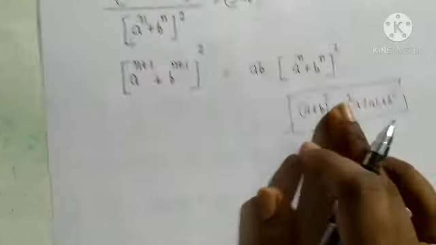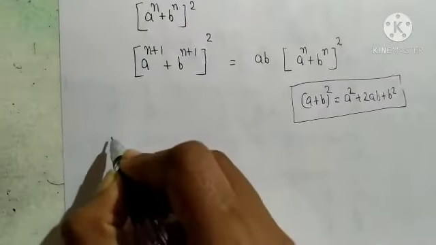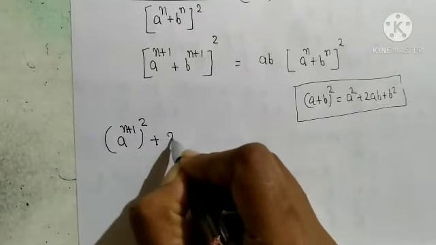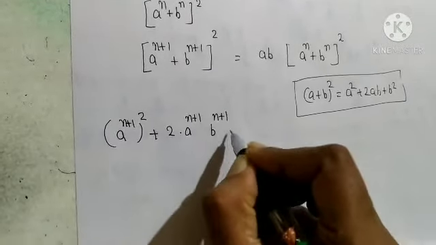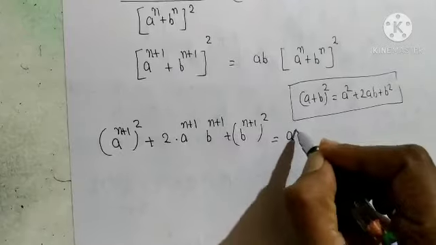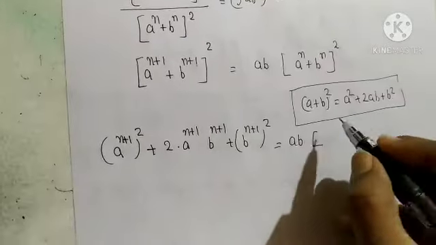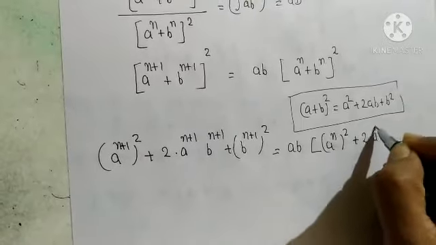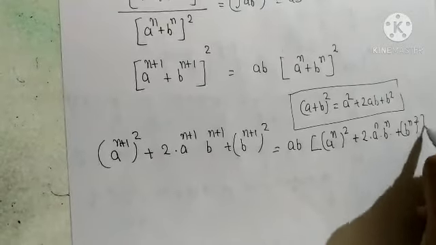So using this identity I am going to expand these two terms, and on our LHS it will become a raised to n plus 1 whole square plus 2 into a raised to n plus 1 into b raised to n plus 1 plus b raised to n plus 1 whole square equal to ab into, expanding a raised to n plus b raised to n whole square using this formula, we get a raised to n whole square plus 2 into a raised to n into b raised to n plus b raised to n the whole square.